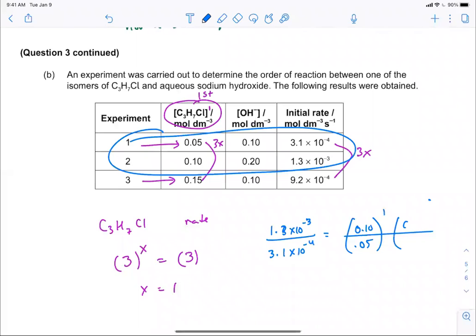With OH, it's 0.2 over 0.1 to the y. We don't know what that exponent is. So essentially what we're doing is we're removing the impact of C3H7Cl before we can solve for the impact of OH minus.